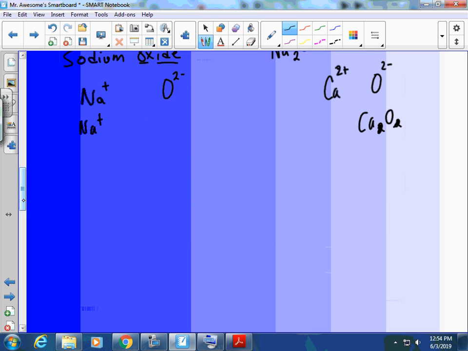I also want you guys to be able to show me what actually happens with the ions. So if I said, hey, we have calcium chloride, show me how this happens. You would show dot structures. Do you remember doing dot structures? Okay. Calcium has 2 valence electrons.